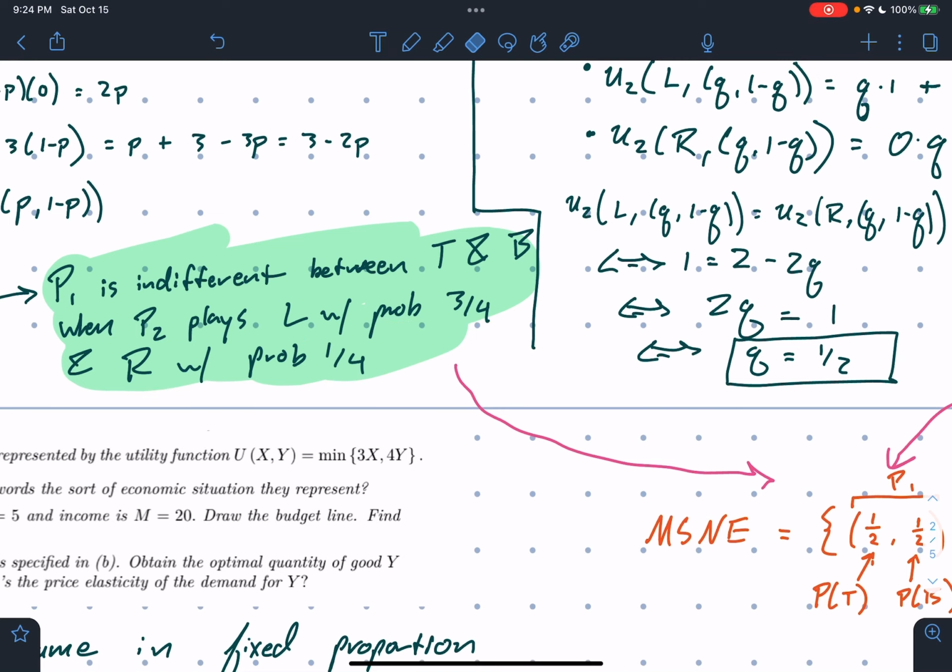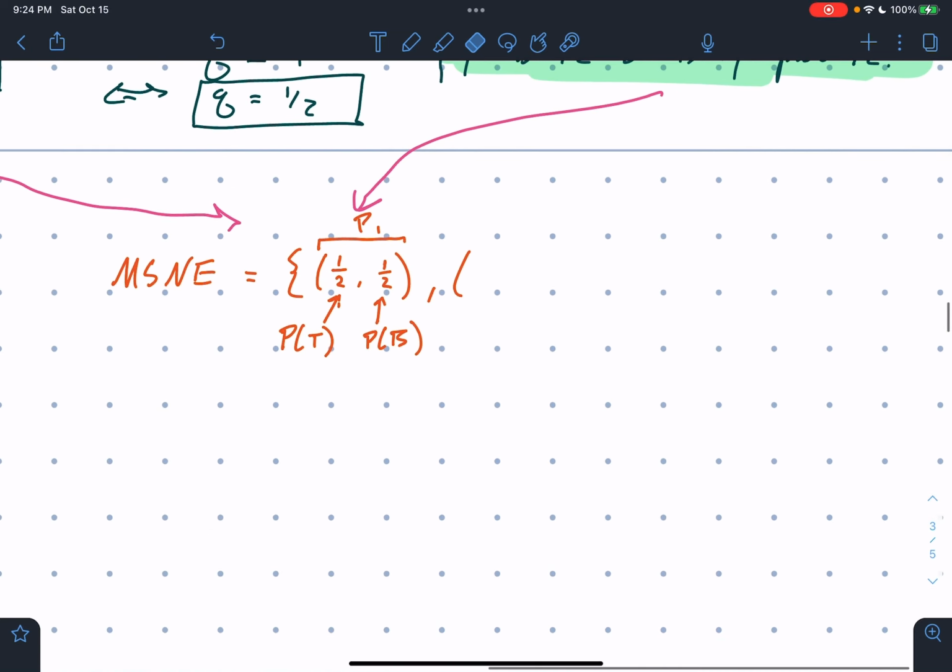We can translate that here: 3/4 as the probability of L, and 1/4 as the probability of R. So this is player 2's mixed strategy.